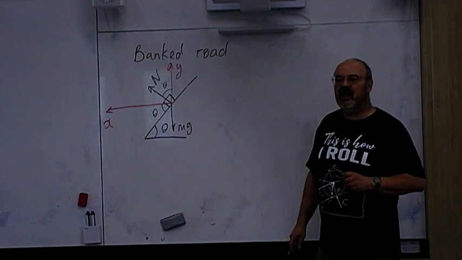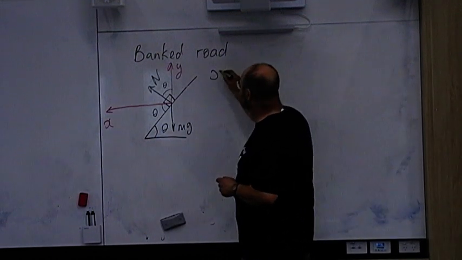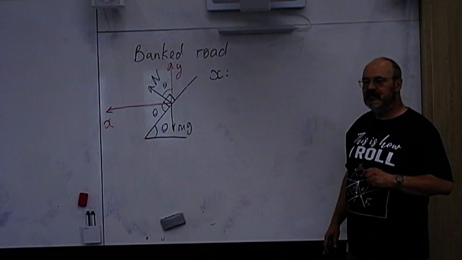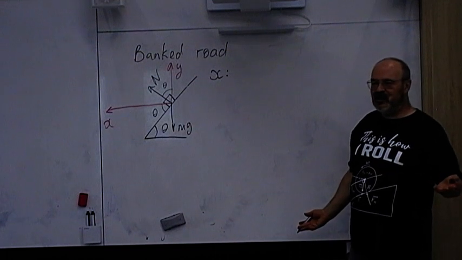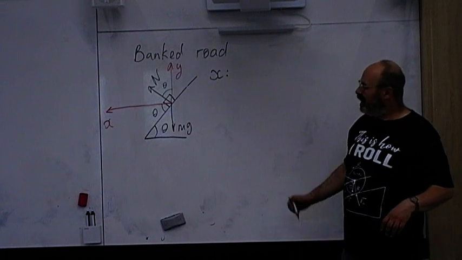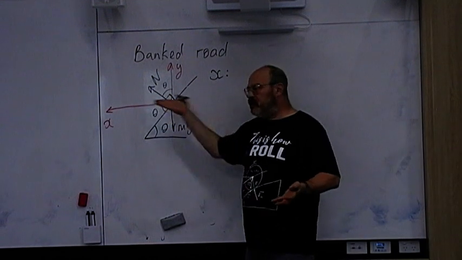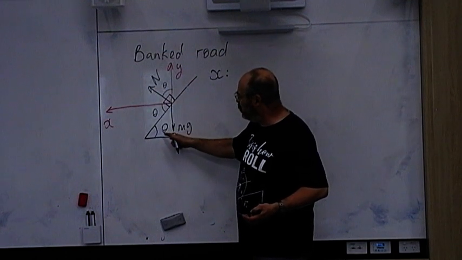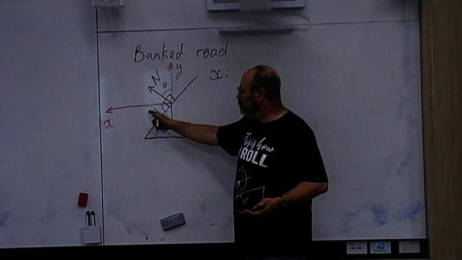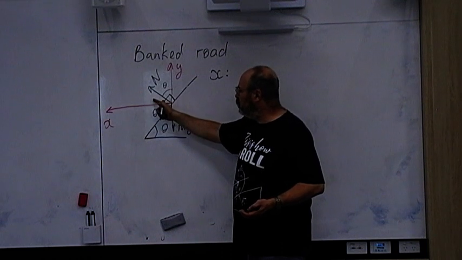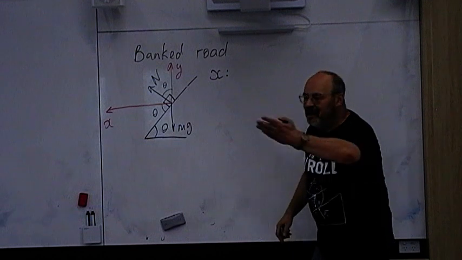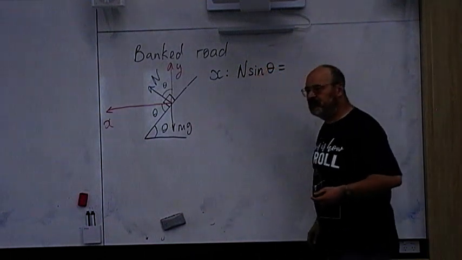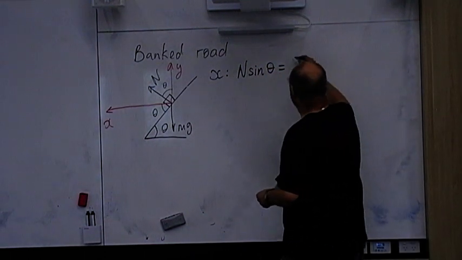So what will be the resolution of the forces in the x direction? What's acting in the x direction? Come on, basic trigonometry. Is mg acting horizontally? No. This is angle theta, as you can see. This is theta as an alternate angle, so this is 90 minus theta, and this is theta. So it's N sine theta, and it should be equal to mv squared over r, the net force.